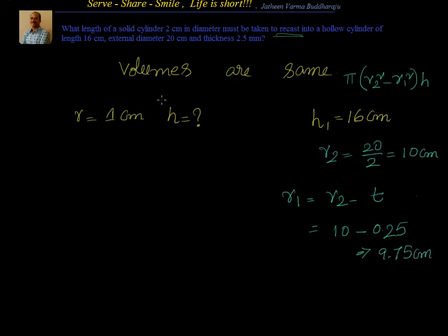Now we have two volumes. Volume of solid cylinder is pi r square H, and volume of hollow cylinder is pi into R2 square minus R1 square into H, but both of them are equal.